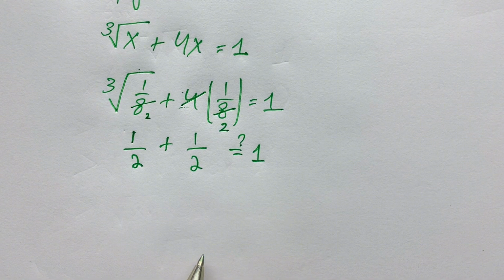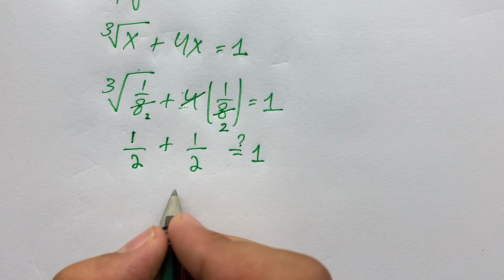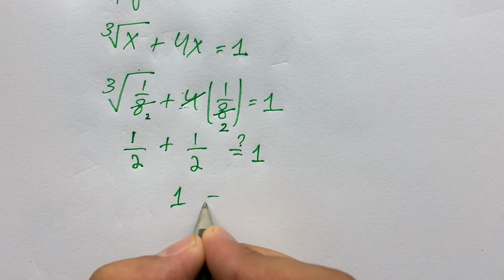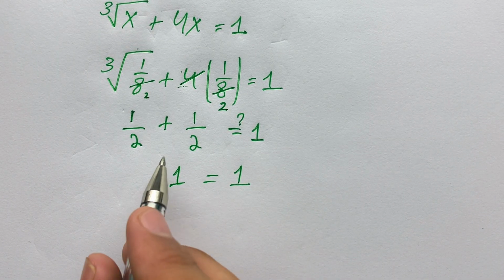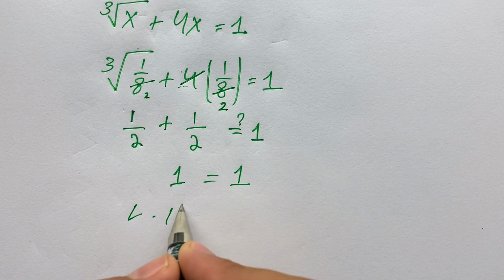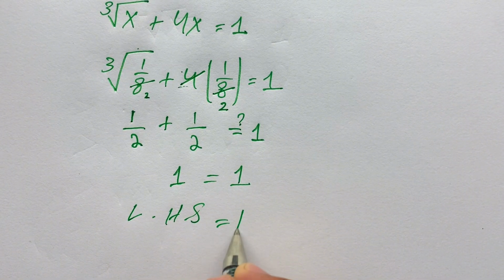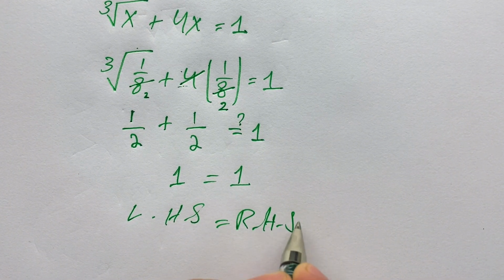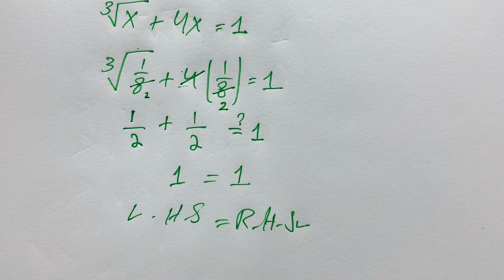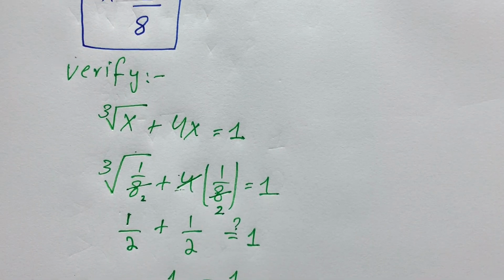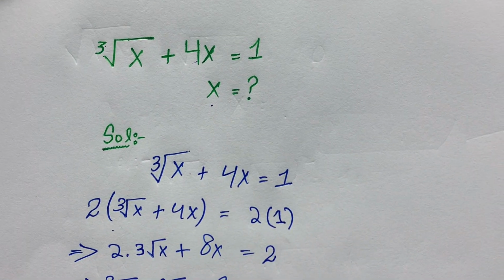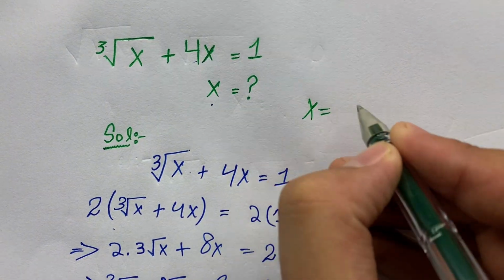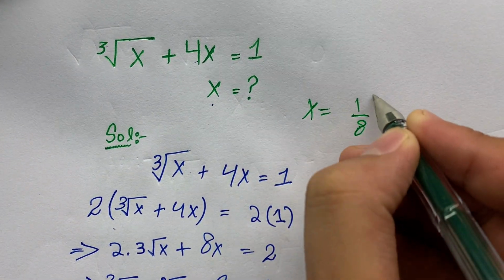Now this is 1 and 1 is equal to 1. Our left hand side is equal to right hand side, and our answer is now verified, and our value of x is equal to 1 divided by 8.